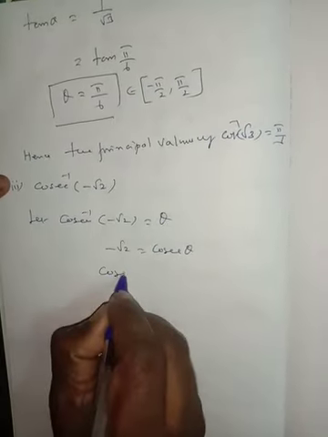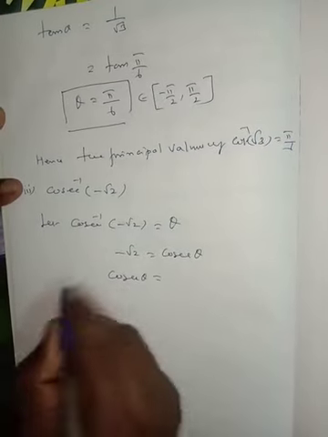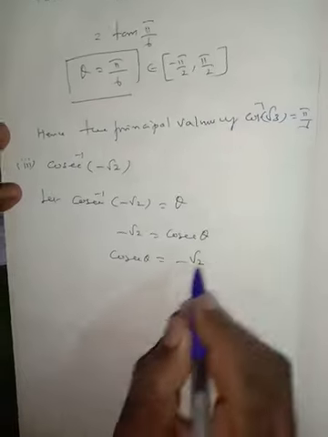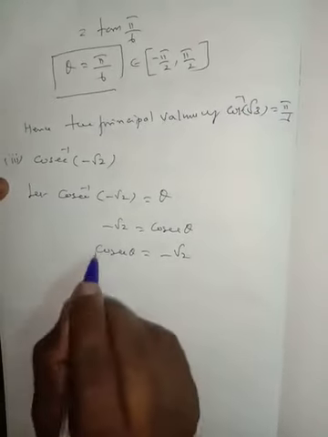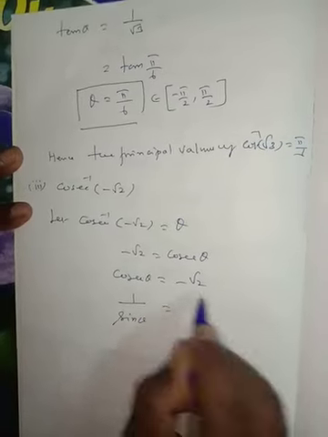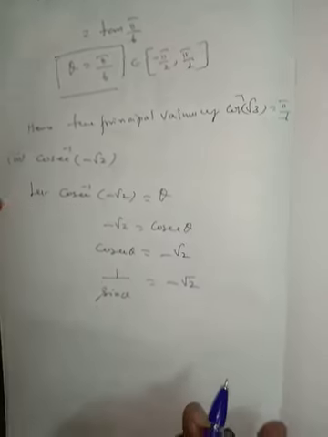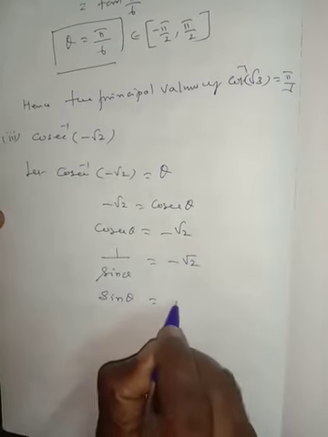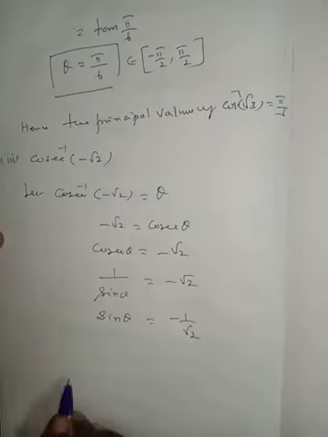Cosecant theta is equal to minus root 2. Now cosecant theta means 1 by sin theta is equal to minus root 2. Taking the reciprocal, we have sin theta is equal to minus 1 by root 2.